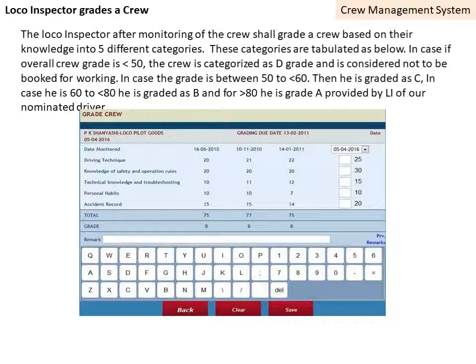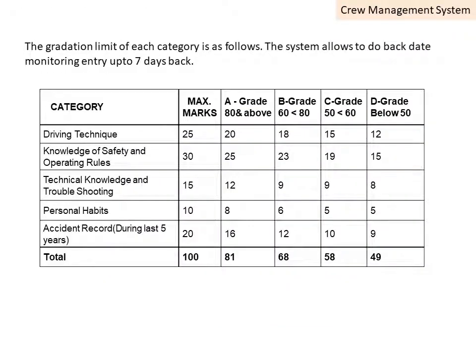Whenever data is retrieved from the report, the previous grade and the present grade will be shown to the concerned local inspector. Gradation: 80 and above is A grade, 60 to 80 is B grade, 50 to 60 is C grade, below 50 is D grade. But at present D grade is not there; it is totally under C grade only.